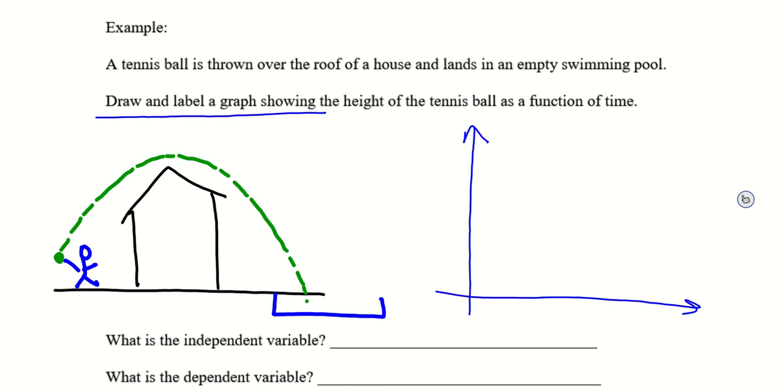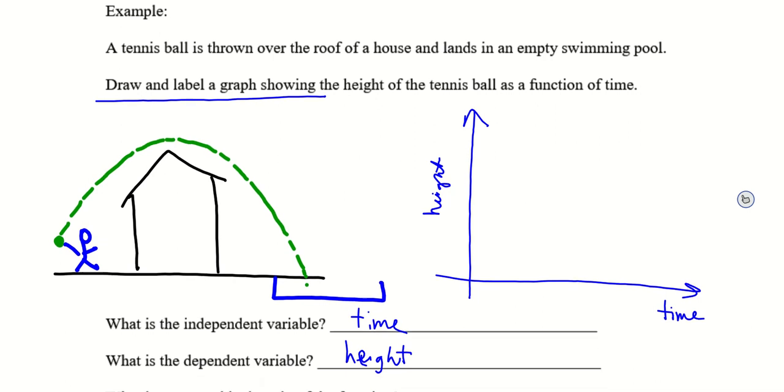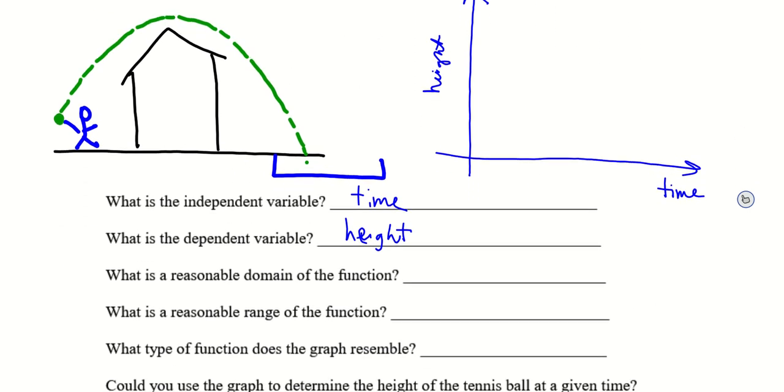Our independent variable here is time, and our dependent variable this time is height. So our independent variable, time. Our dependent variable, height. Let's go on and answer a couple questions, and then we will come back to finish this graph.